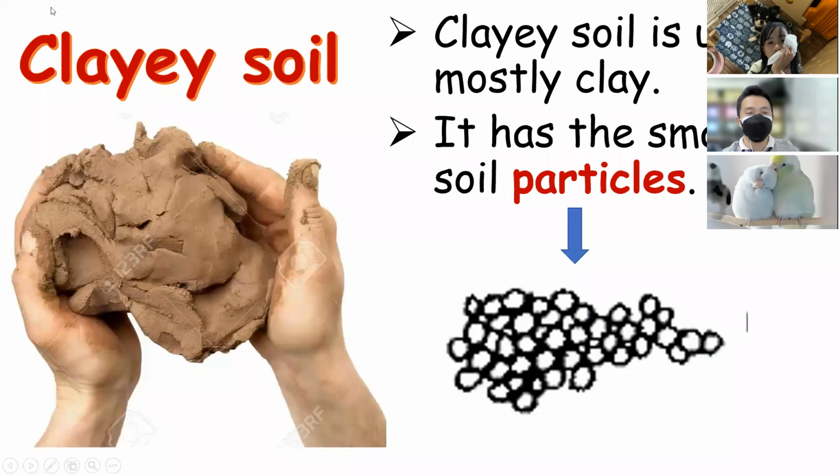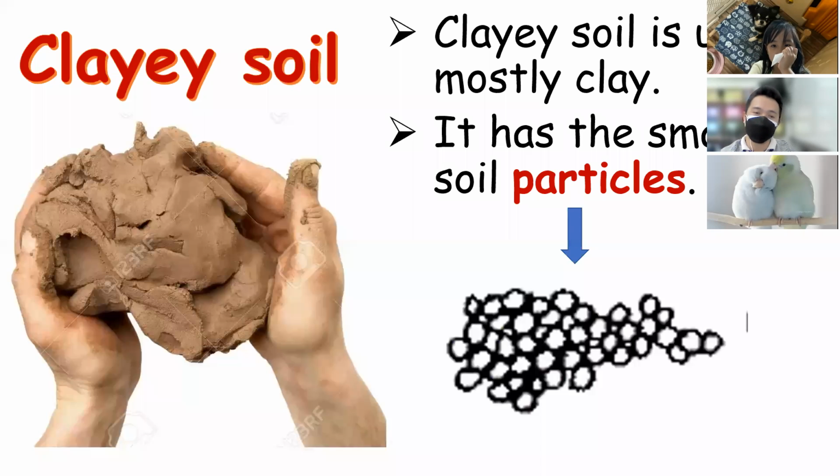Next, we have clay soil. According to Marina a while ago, clay soil is made up of mostly clay. It has the smallest soil particles. If you try to use a microscope and look at the particles of the clay soil, you cannot see them.